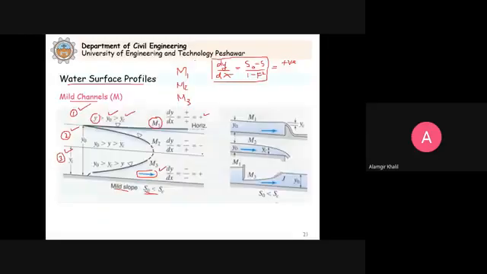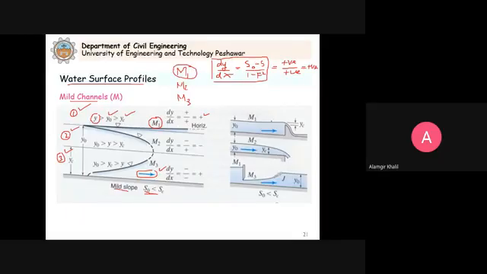So it means that Y is greater than YC, F will be less than 1. So it means it will make this quantity positive. So now we already know that positive divided by positive is positive. So it means that M1 profile is increasing in the direction of flow.